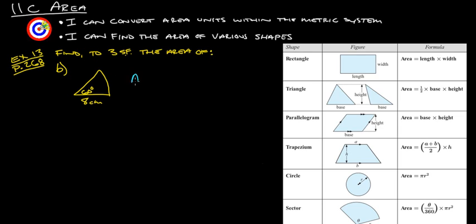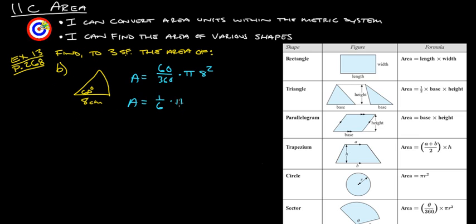In this case, we have 60 over 360 times pi times the radius, which is 8 squared. If you simplify this, the 60 over 360 reduces down to 1/6, and this would be 1/6 of a full circle.